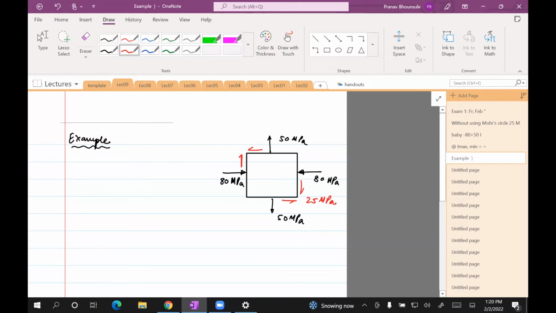Okay, so that's essentially identical to my first problem. There's no change in the stress element. Okay. However, the questions are different.